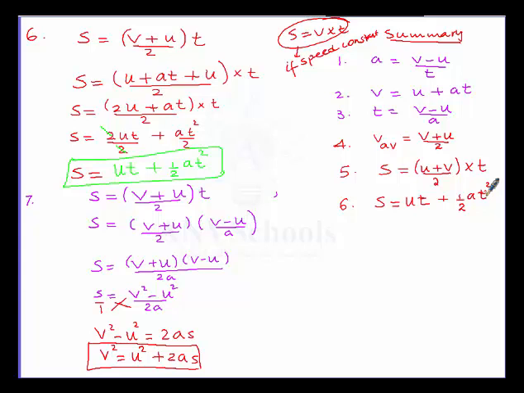So initial speed multiplied by time plus half a t square is a formula that helps us find the total distance traveled by an object in uniformly accelerated motion. The seventh equation is final speed square is equal to initial speed square plus 2 multiplied by acceleration multiplied by the total distance traveled.